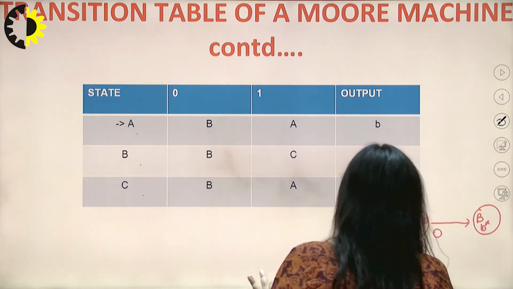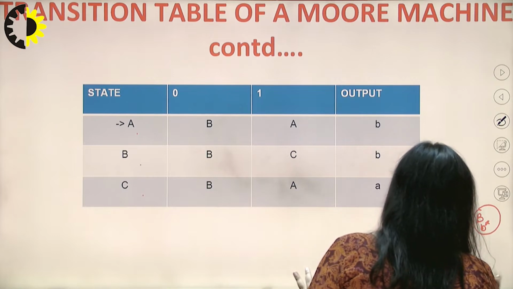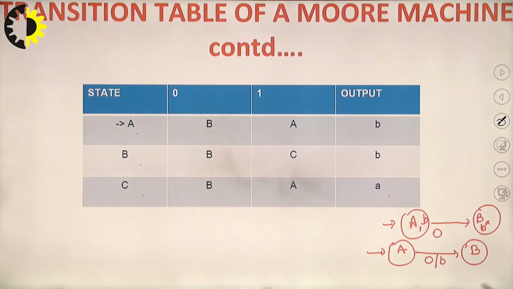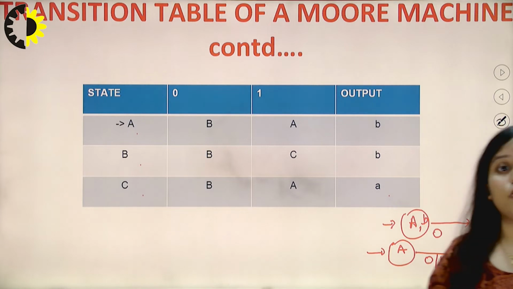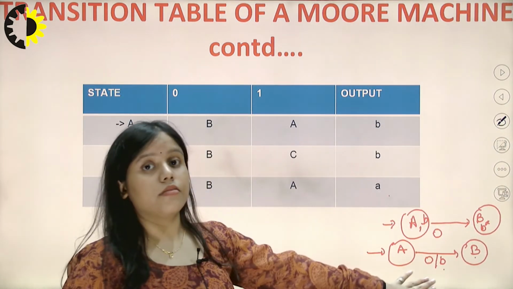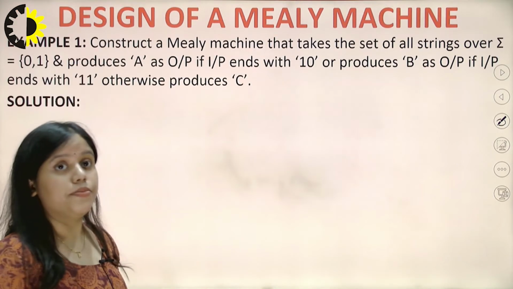A going to B takes 0 as input and returns B as output. That means we are creating the Mealy machine, and whatever state it is reaching, we are creating the output of that particular state. So this is what we are going to do in our Mealy machine.